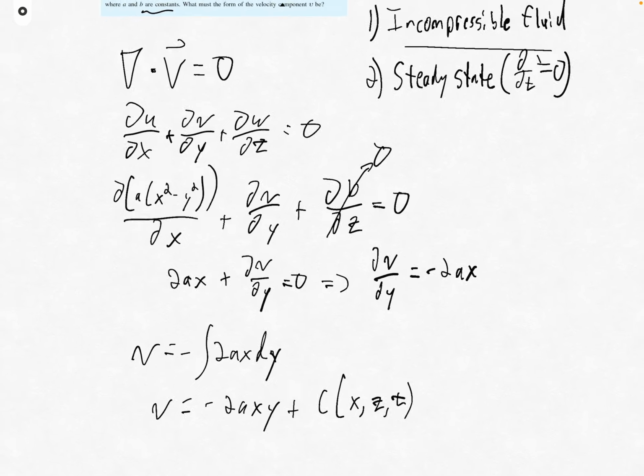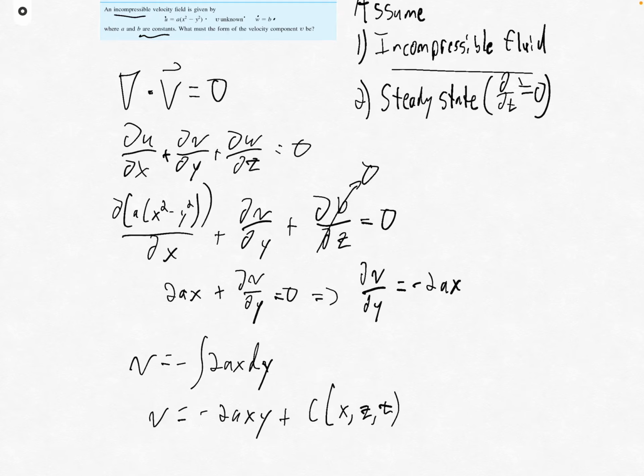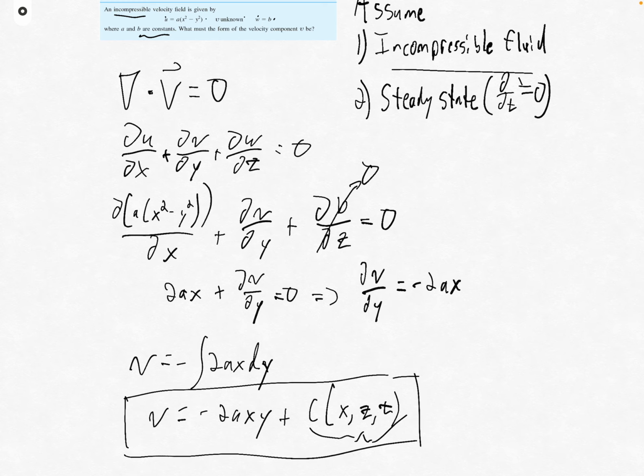And if we go back up to our statement of continuity, we can see that essentially any function that is only a function of x, z, and t would still satisfy this expression, because anything we plug in that's a function of x, z, or t would still have a partial derivative with respect to y that's equal to 0, and so it would not contribute to this incompressible continuity expression. And so this is going to be the most complete form of our final answer.